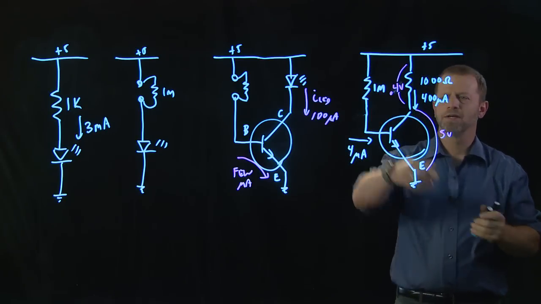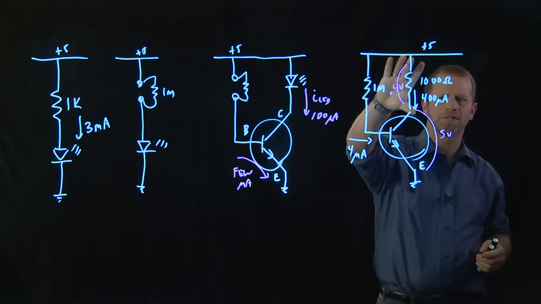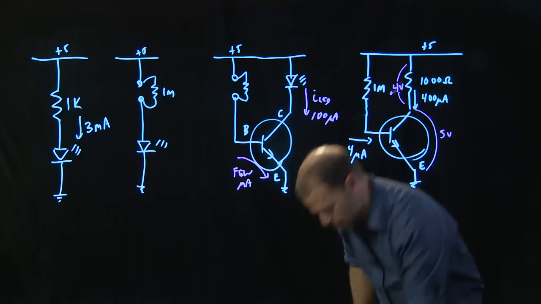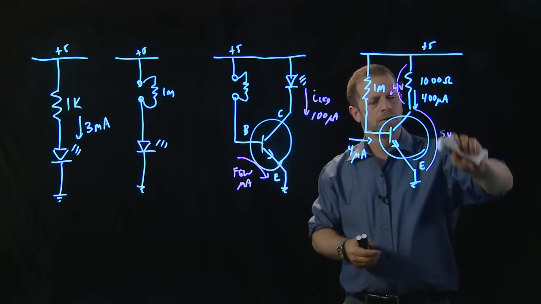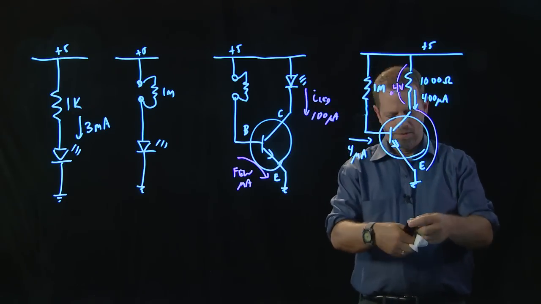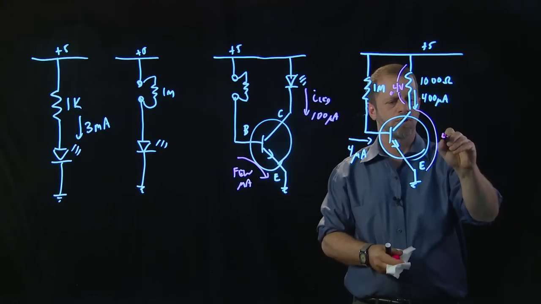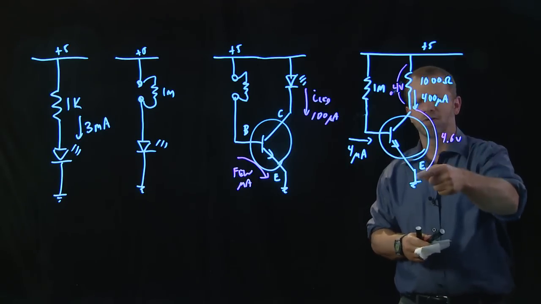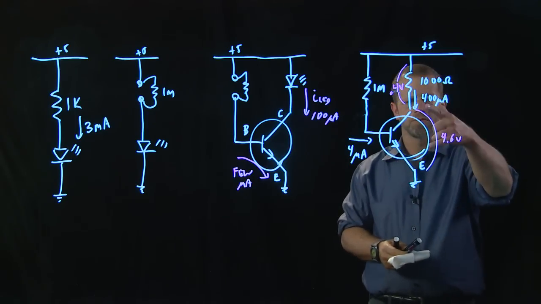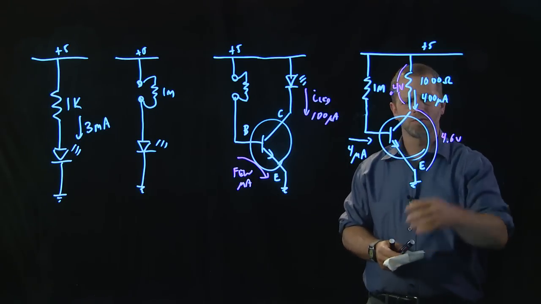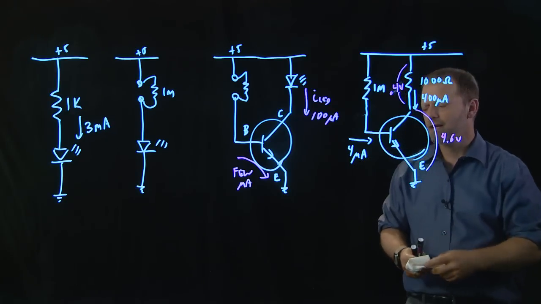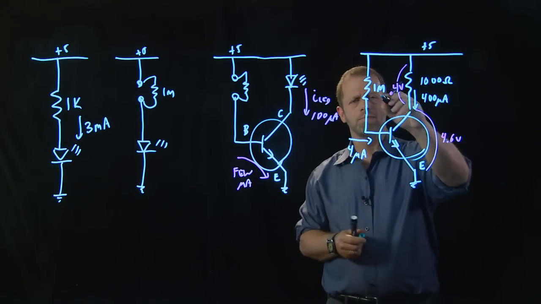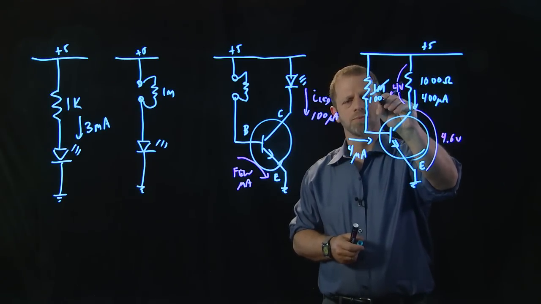Having deduced that, the rest of the 5 volts, if 0.4 is here, this voltage here must be less, must be 4.6 volts. Okay, so the collector to emitter voltage of the transistor has reduced from 5 volts when it was off to only 4.6 when it's a little bit on. Let's continue the process. Suppose I make this not 1,000,000 ohms, but 100,000 ohms.